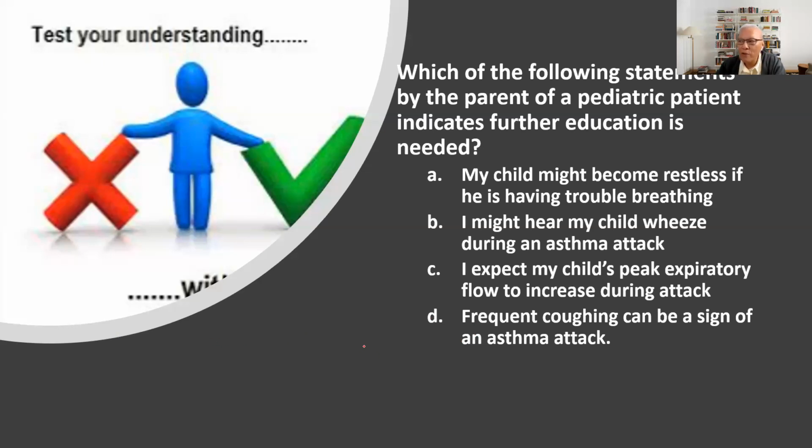And as we very well know, the expiratory phase is what's going to be very difficult in patients with asthma. And therefore, the correct answer here is letter C. I expect my child's peak expiratory flow to increase. It should decrease during an attack because of the obstruction that occurs with the hyperresponsiveness of the airway.